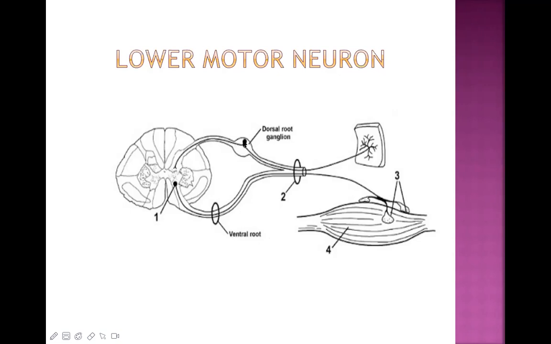There is a dorsal root ganglion always towards the dorsal root side, and these two combine together to form a spinal nerve. Now again, it will divide into dorsal ramus and ventral ramus, and it goes to the muscle and synapses there. So this whole nerve is a lower motor neuron.